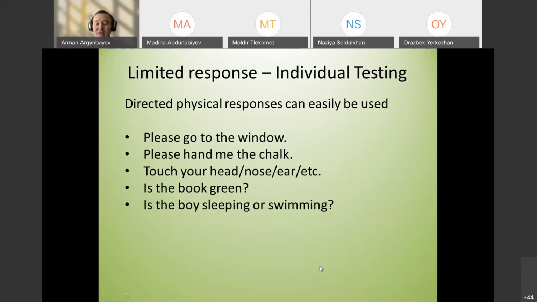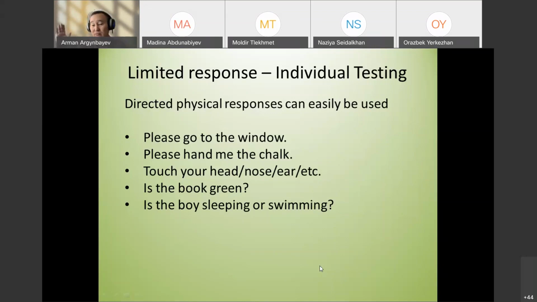Touch your nose, touch your head. You can even play a game, Simon Says. Is the book green? Or touch something green, for example. It's a very nice game as well when you teach objects or colors. Students have to run and touch a specific color or an object. A very funny and nice game, by the way.